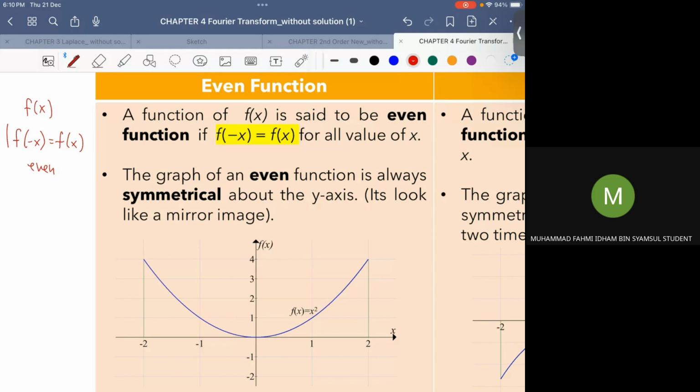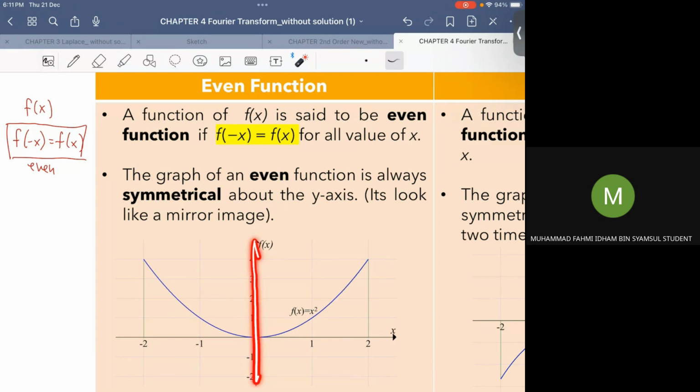So please remember this one. This is very important, how you can identify whether the function is an even or odd function. So when you substitute x with negative x, you will get f(-x) equal to f(x). So the graph of an even function is always symmetrical about the y-axis.